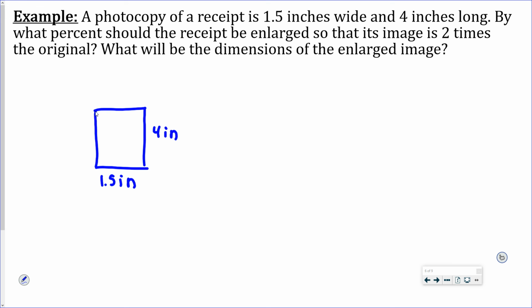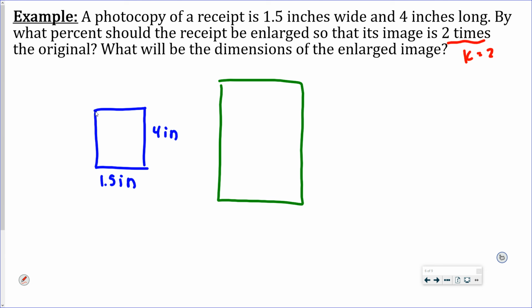We want to enlarge this so that its image is 2 times the original. There's your scale factor. All right, so let's look at the length first. What's 4 times 2? 8. And you can write this down if you want.